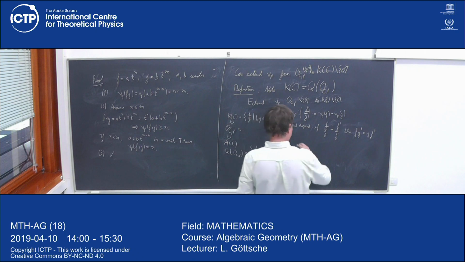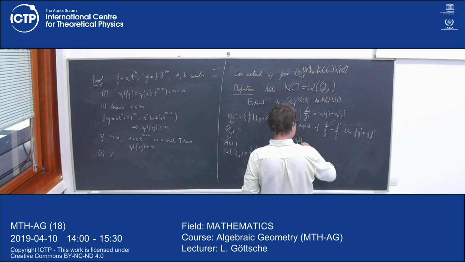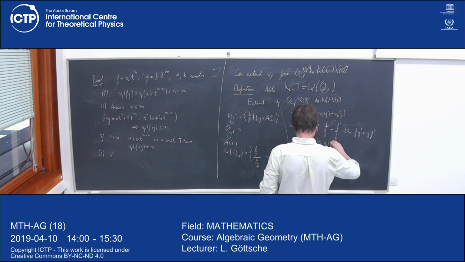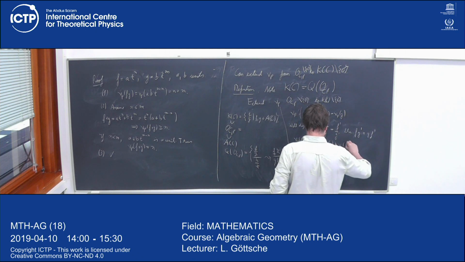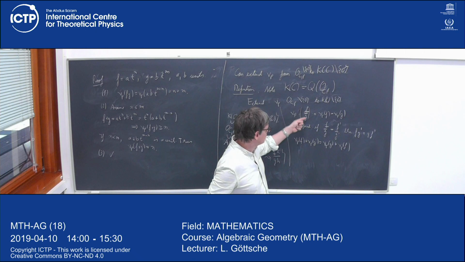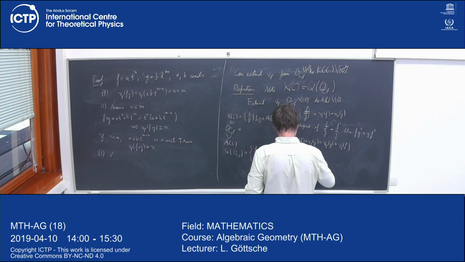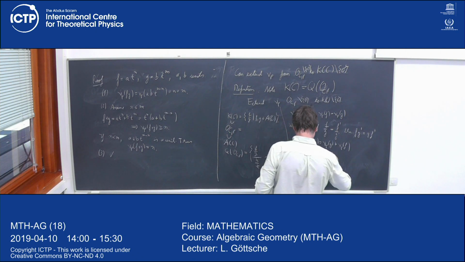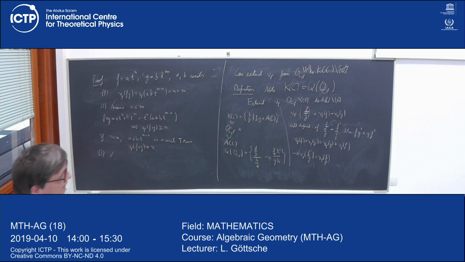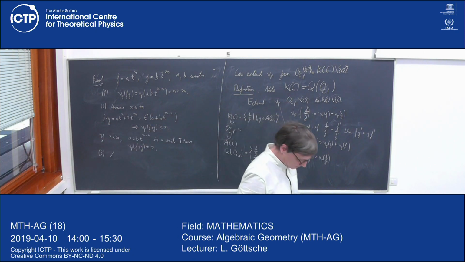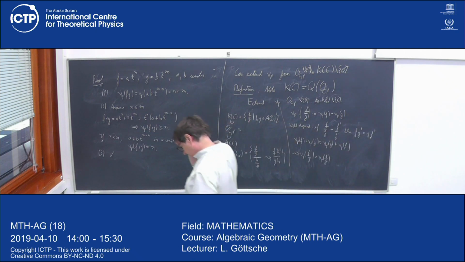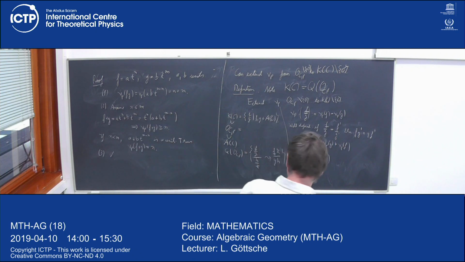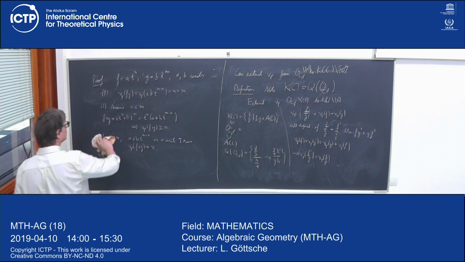And so mu P of F plus mu P of G prime is equal to mu P of G plus mu P of F prime, which precisely means that mu P of F divided by G is the same as mu P of F prime divided by G prime. Okay. So we have this extension here. And one can say a little bit more. So let's maybe first try to give some kind of intuition for this.